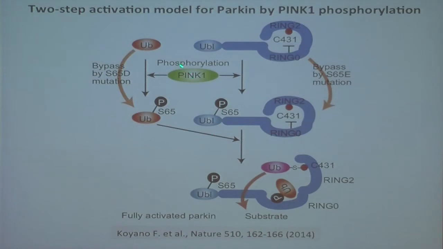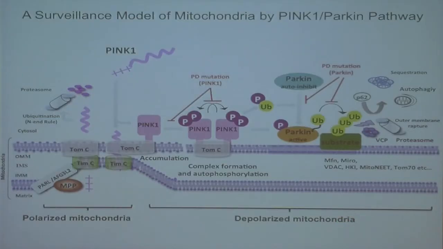We have another target, and surprisingly, another target is ubiquitin. Ubiquitin is also phosphorylated by PINK1. In that case, Parkin is activated fully.